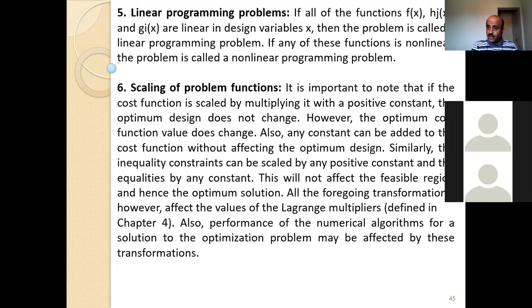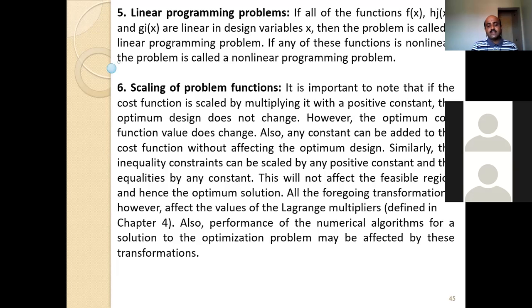You should identify it based upon what type of relationship the objective function and the constraint functions have with the design variables. Based upon that, you come to the conclusion that this is a linear programming problem, and I can use the optimization techniques required for solving a linear program. So you can implement them and get a solution. Similarly for non-linear programming.